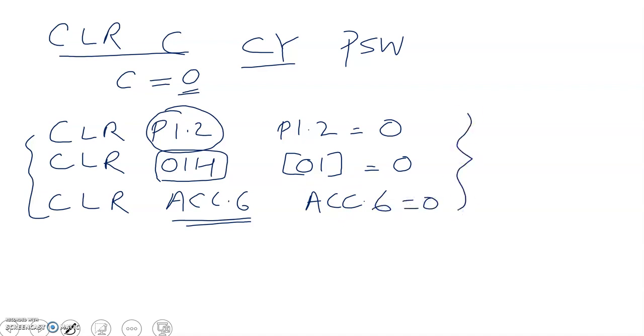Okay, so let's move and see another instruction. Then we take up the CPL instruction. CPL is the complement instruction, and as the name suggests, it complements the value of C. Again, it can be used with any other bit.